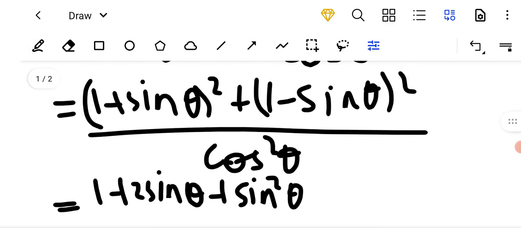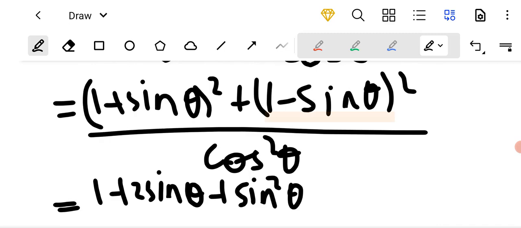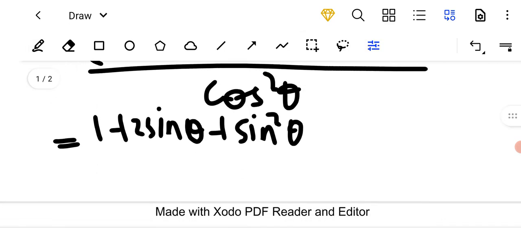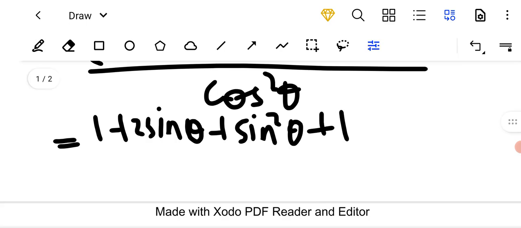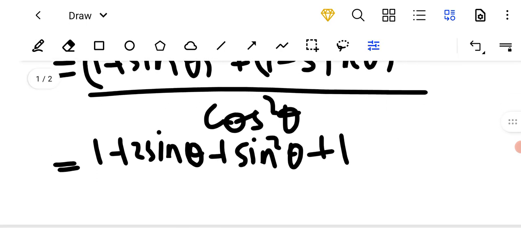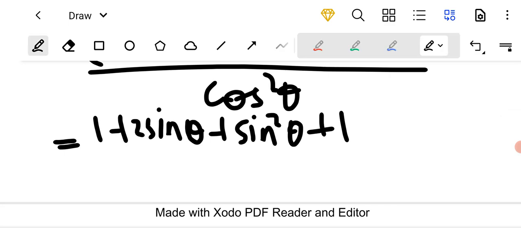And then you have this bracket here, which is going to become plus 1, because 1 squared is 1, and then 1 multiplied by a negative sine theta will be negative sine theta times 2 is negative 2 sine theta.